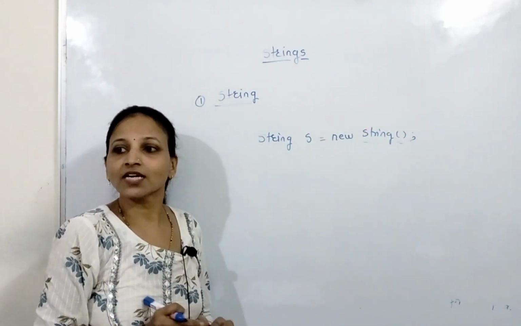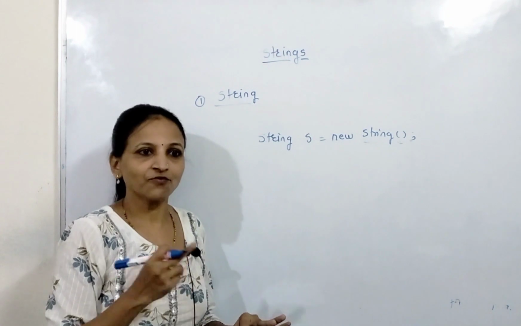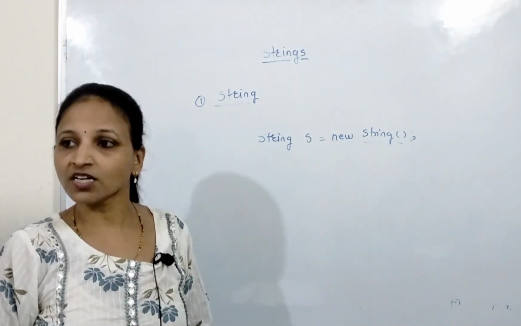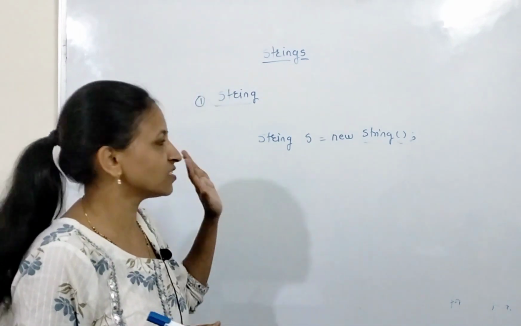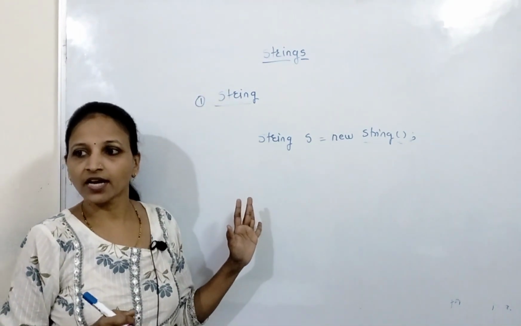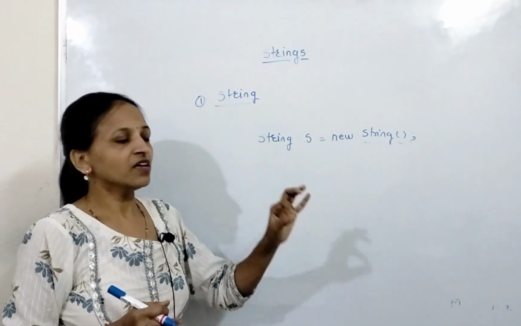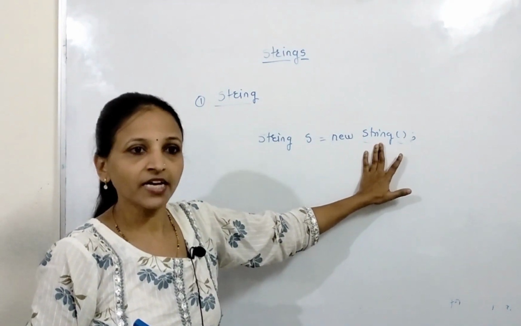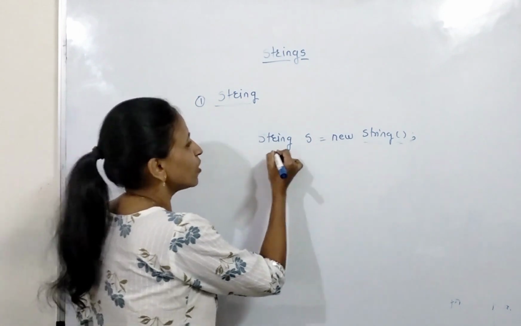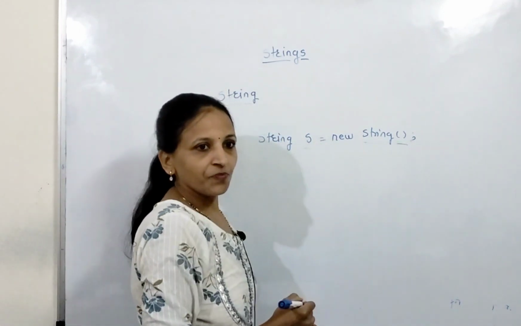There are basically three types of constructors that first I am going to explain. Those constructors we have to see one by one, how to use them to create a string object. Any doubts? Simple. The first constructor is the default constructor. In this way we can create. Now what will happen internally?